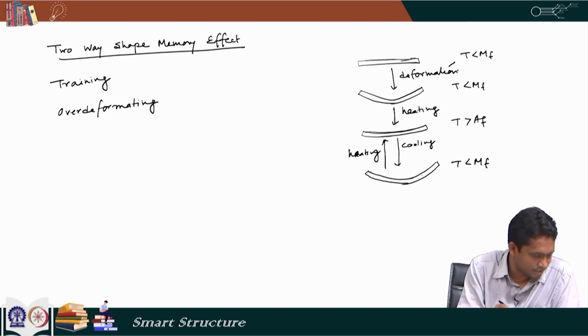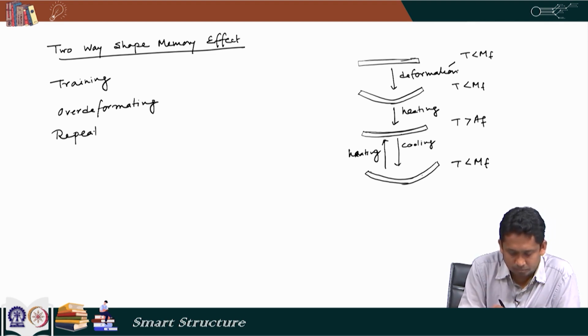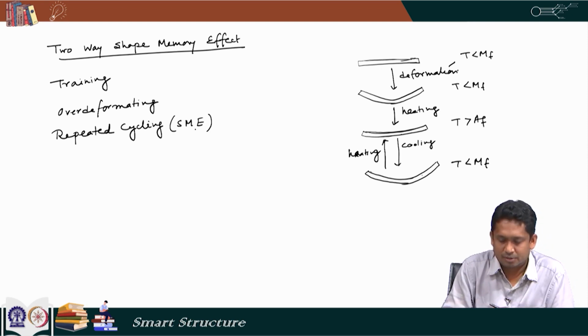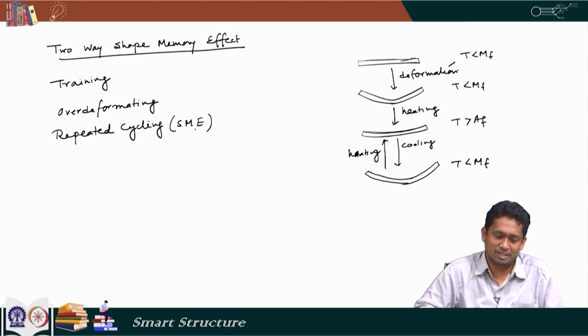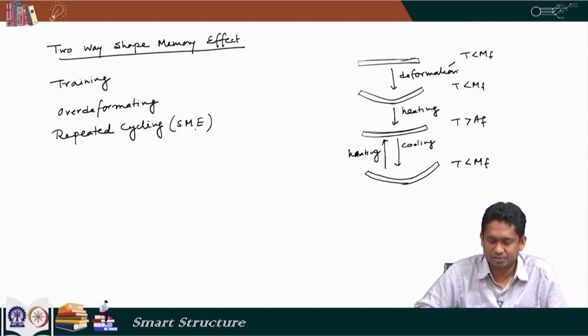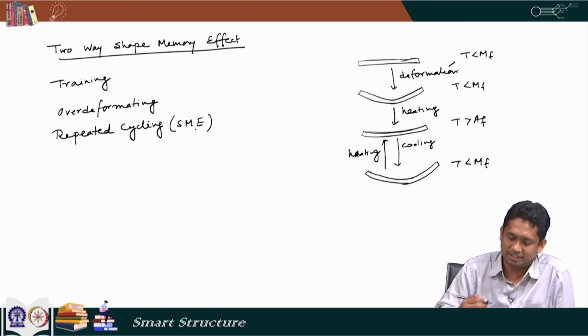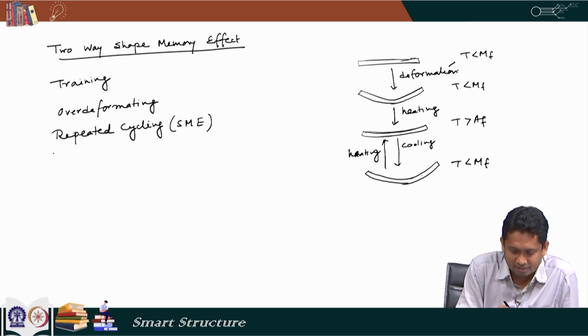They can be over-deformation, or repeated cycling of the SME. Repeated cycling of the shape memory effect means the material is not stressed, only the temperature is varied and the shape memory effect is seen, and it is repeated a few times.